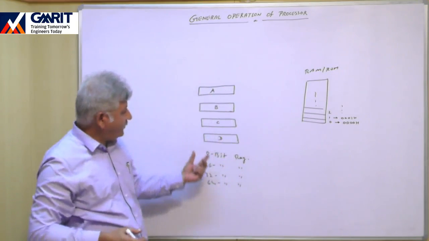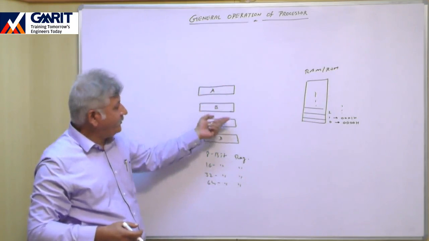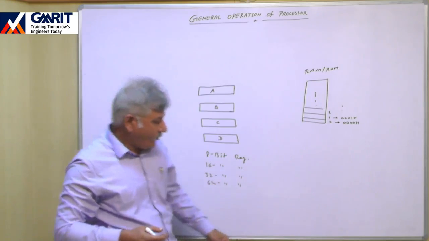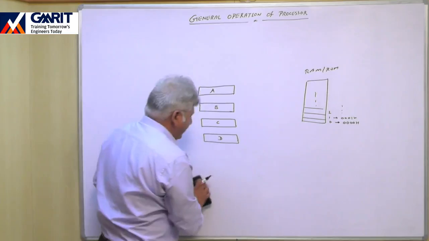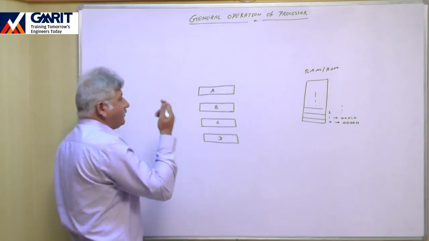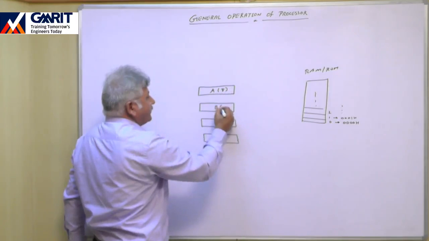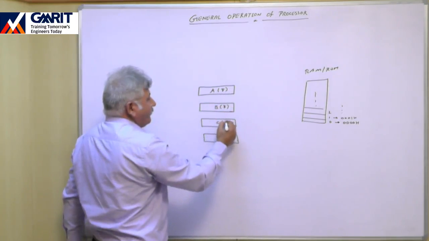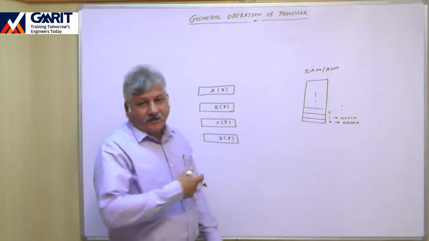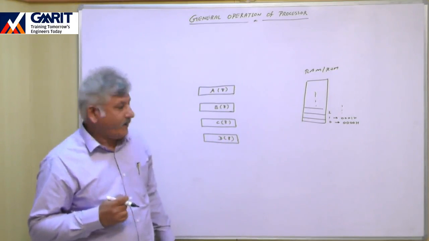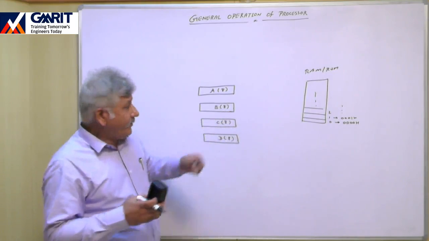And if this register is a 16-bit register, then we can store 16-bit data inside this register. For this example, we will take these registers as 8-bit registers. So all of these registers can store 8 bits of data.